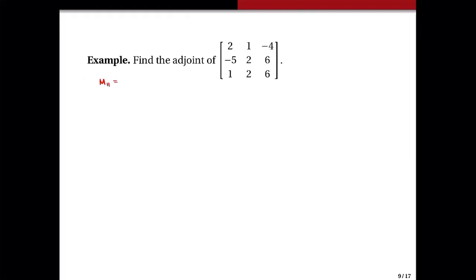I hope you remember that to get M11, you cover this row and this column and get the determinant of the submatrix left after deleting those row and column. So this is just the determinant of the matrix 2, 6, 2, 6, and you will clearly see that this is equal to 0.